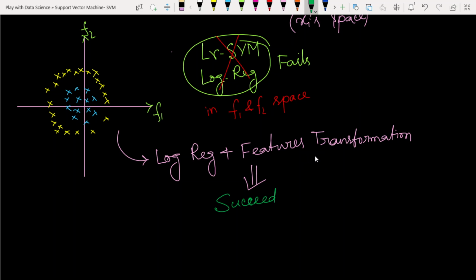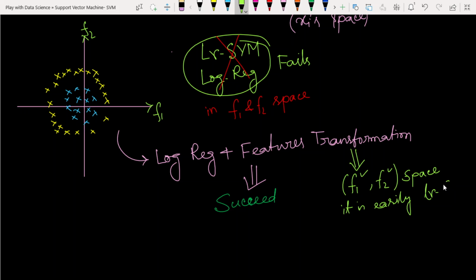So how can we do the feature transformation? Here we use a simple trick. Instead of f1 and f2, we take f1 square and f2 square as our features, and in that space the data is linearly separable.